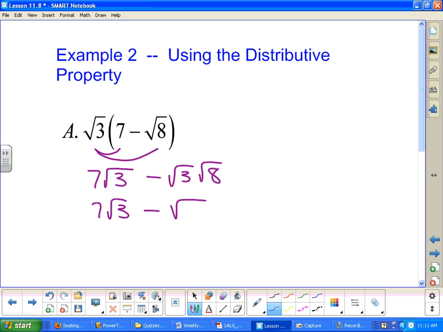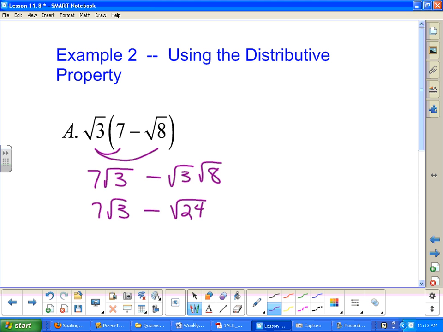And 3 times 8 is 24. Things under the radical we can multiply together. Things on the outside of the radical we can multiply together, but we can't multiply ones that are not with ones that are. So we need to simplify square root of 24.